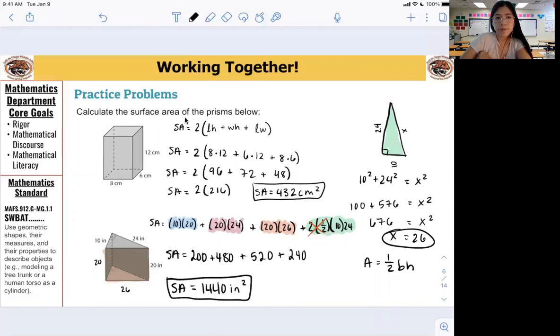Questions on surface area for rectangular prism and triangular prism? Questions going once? Going twice? Okay.